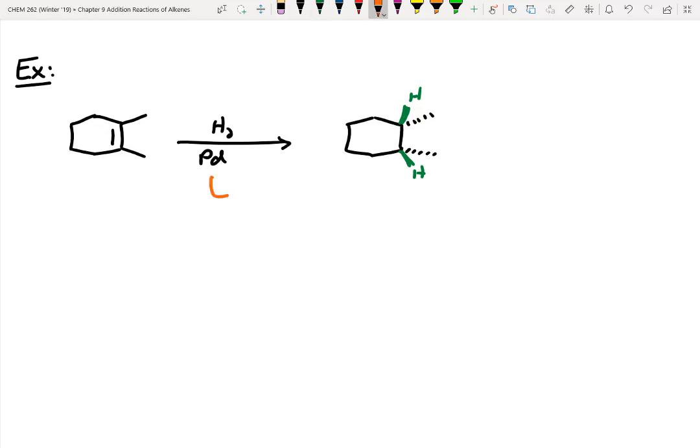All right, I did want to make a note that palladium and platinum, when they're used as a catalyst for this reaction, they're known as heterogeneous catalysts. A heterogeneous catalyst is something that doesn't dissolve well.